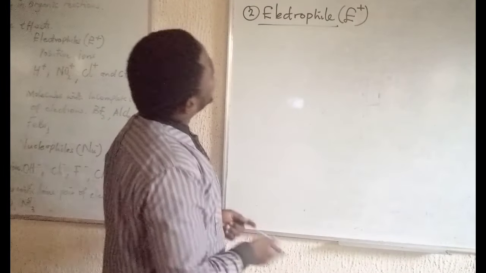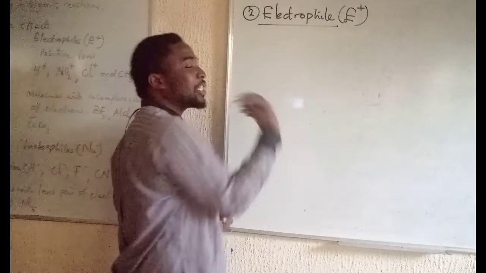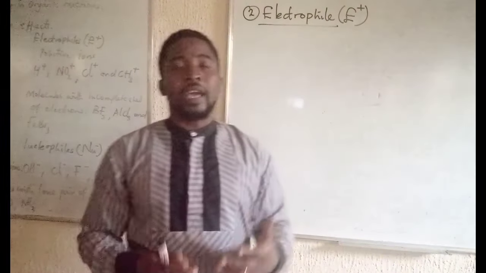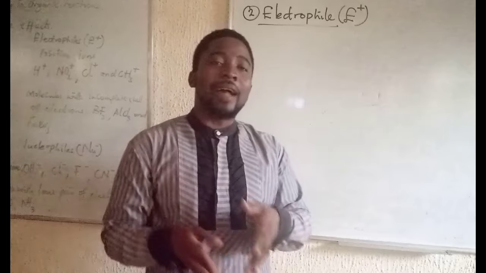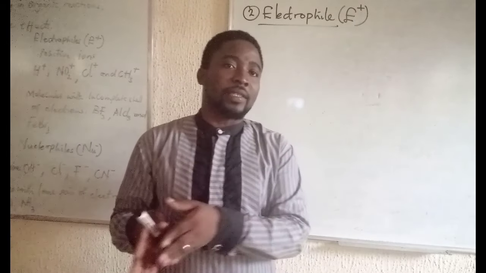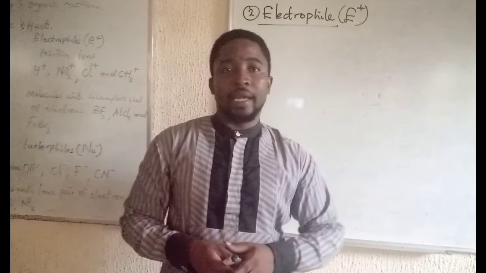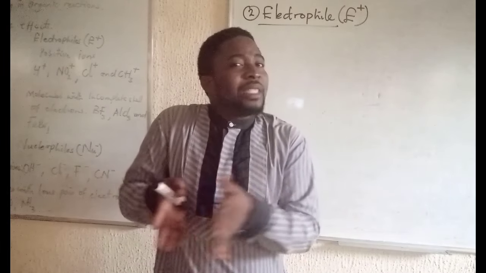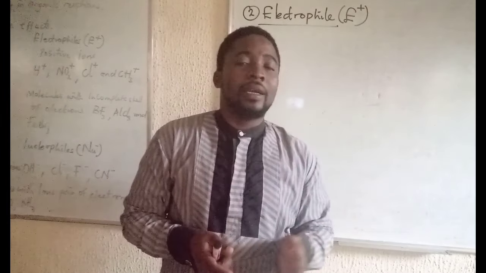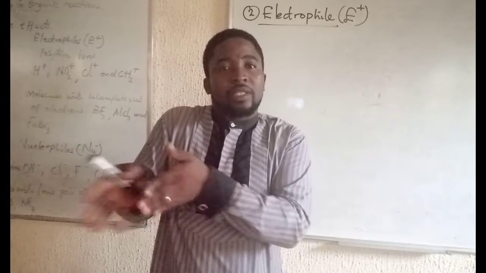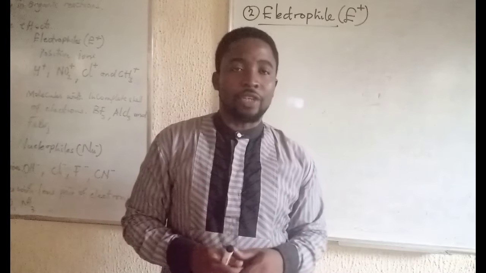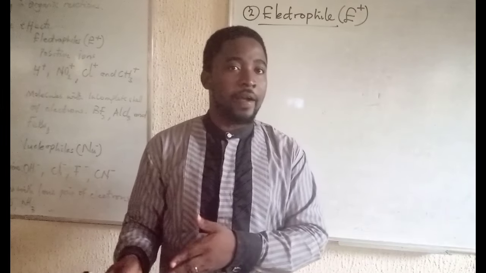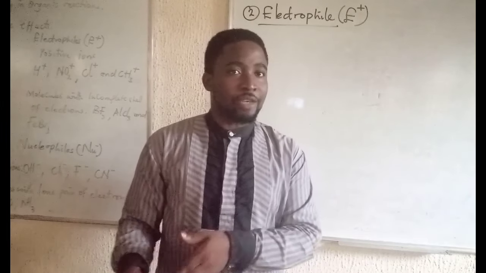An electrophile can be an electron-deficient chemical species which attacks an electron-rich center during organic or chemical reactions. So it's an electron-deficient species that attacks an electron-rich center during a chemical reaction. As the name implies, electrophile means electron lover, so it goes for an electron.